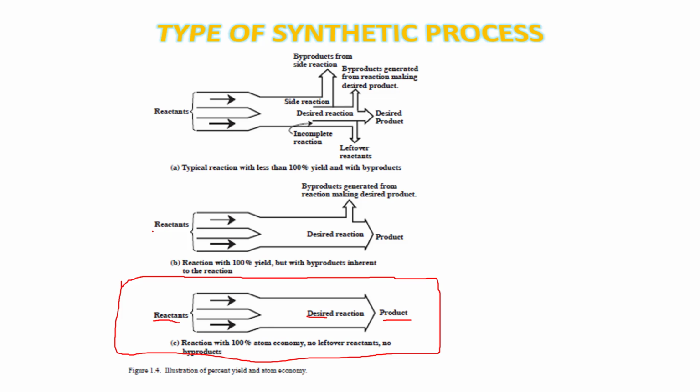The second type of process could have 100% yield but with byproducts inherent to the reaction, which means we have a byproduct here.